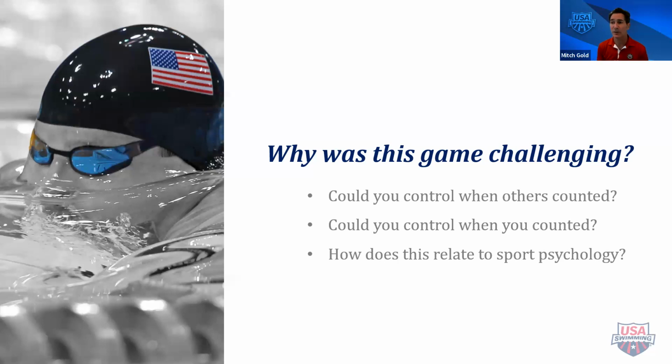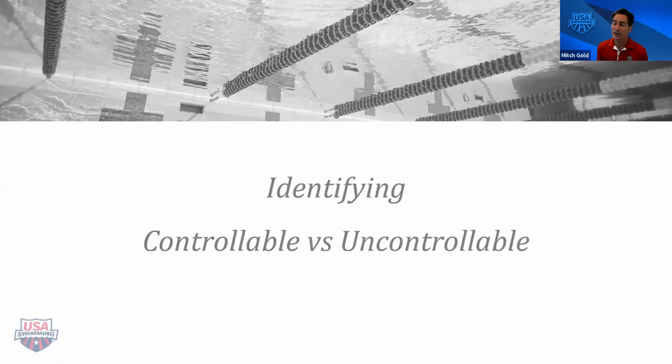So for athletes out there, if you can relate to this game and why it was so hard, you're beginning to understand, I think, one of the most important parts of sports psychology. And that is being able to identify the difference between what you can control and what is uncontrollable.